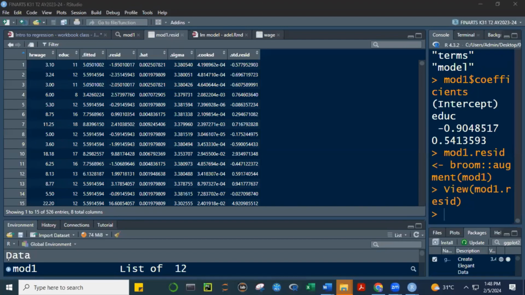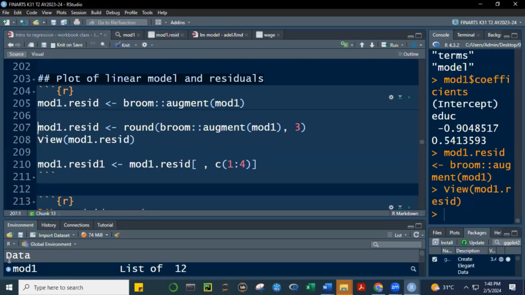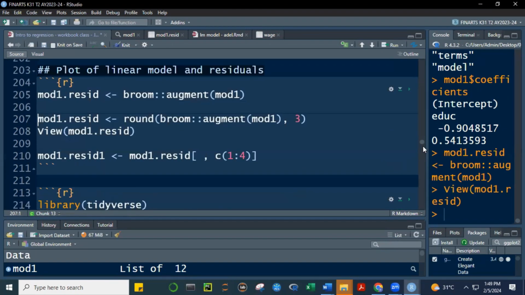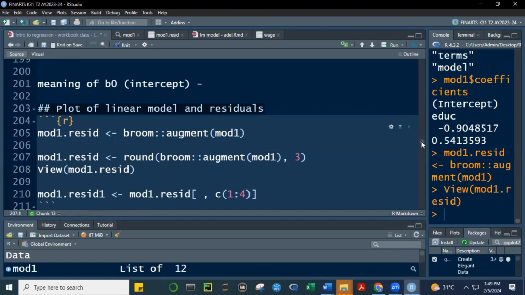So yan yung ano natin, coming from the augment function. In this case, tinanggal ko lang yung hat, yung standard residuals, ang sinama ko lang yung 1 to 4 para makita lang natin yung most important for us at this point in time.